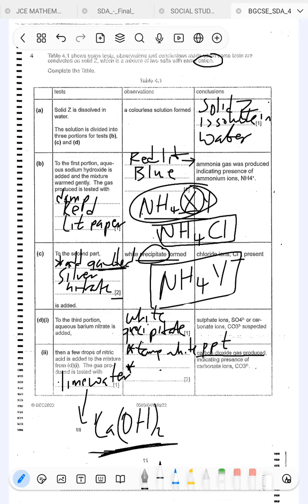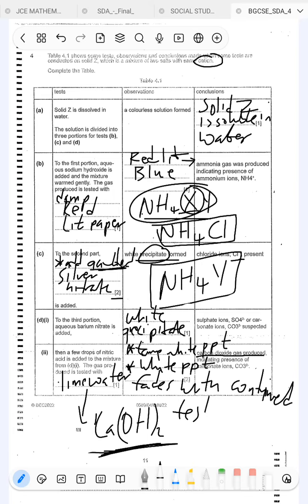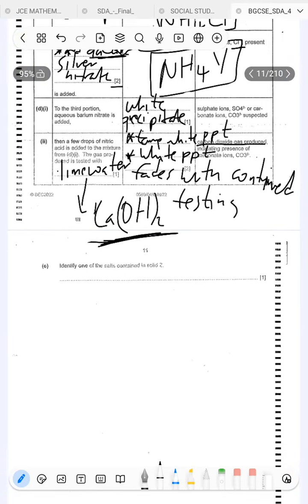White precipitate fades with continued test. Now when you continuously bubble the carbon dioxide through the lime water over a long period of time, the white precipitate will eventually fade away.